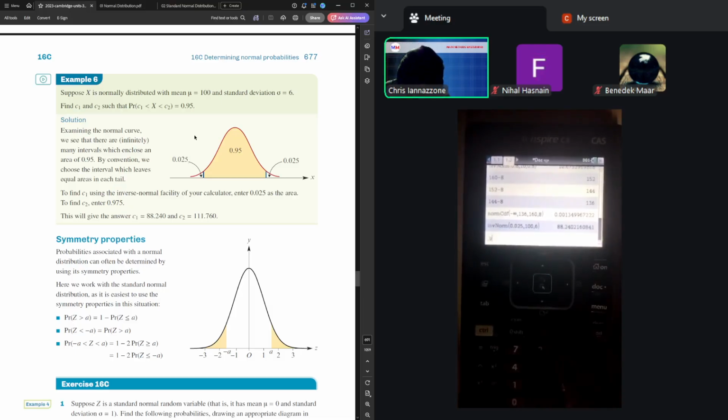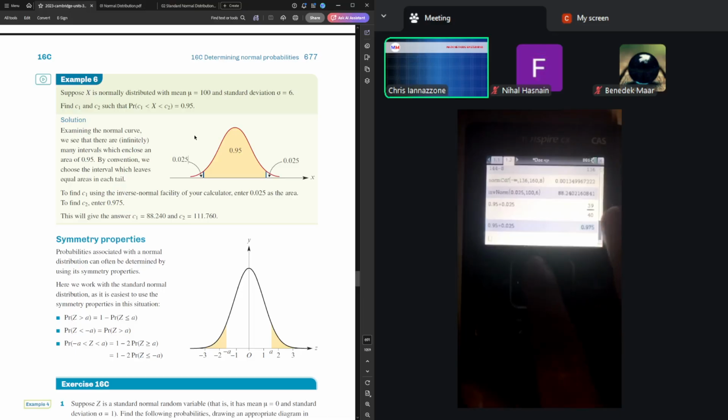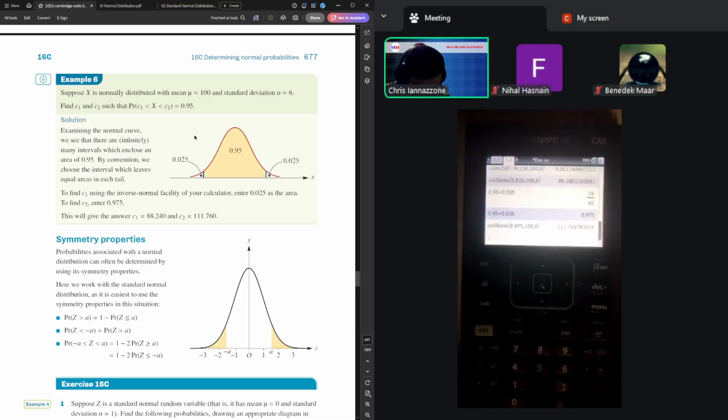So 0.95 plus 0.025 is 0.975. From there, I'll just copy the syntax down from here. 0.975, mean and standard deviation haven't changed. 111.76-ish, which again, if you check the textbook, gives you the right answer there.